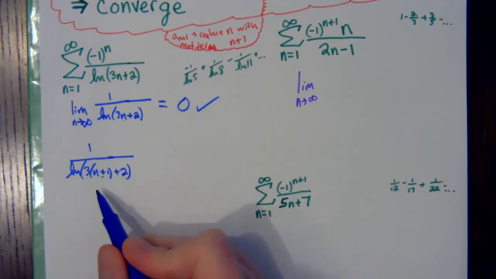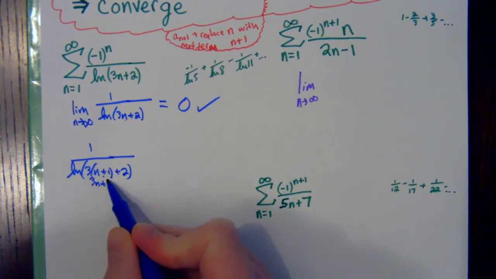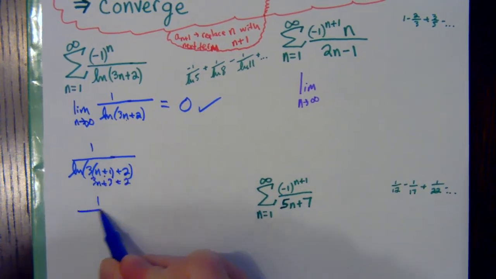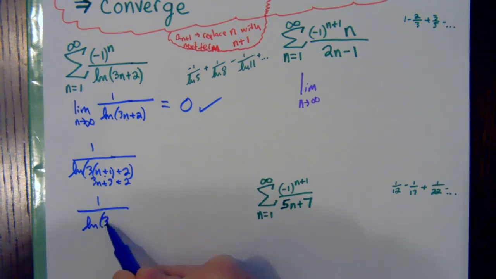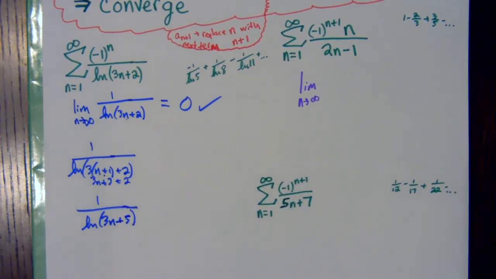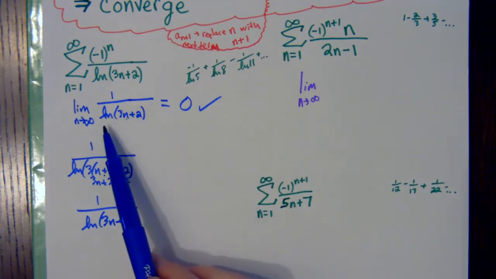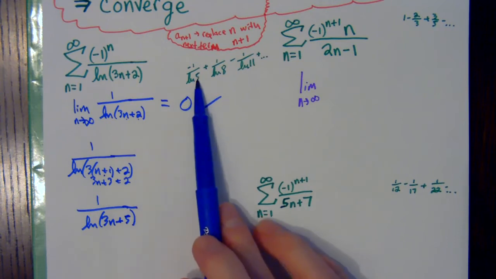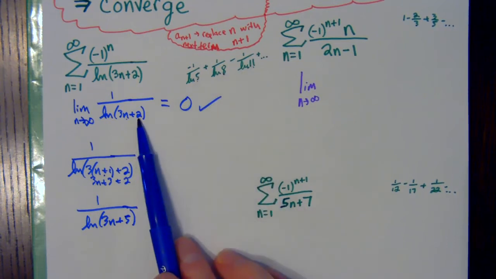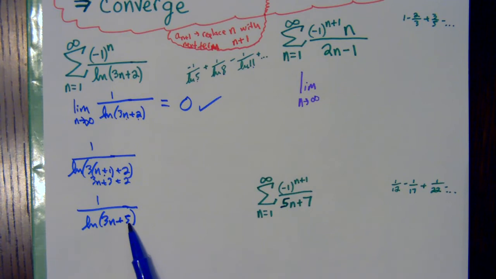So this is your a sub n plus 1, and then you can distribute that. That'll be 3n plus 3 plus the 2. You're going to get 1 over the ln of 3n plus 5. That's representative of your a sub n plus 1, the next term in that pattern. And if you think about it, if this is your a sub n, and you notice how we kept adding 3, look what happens when I add 3 to that: I get the ln of 3n plus 5 there.